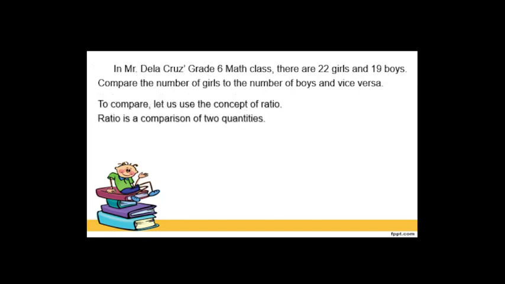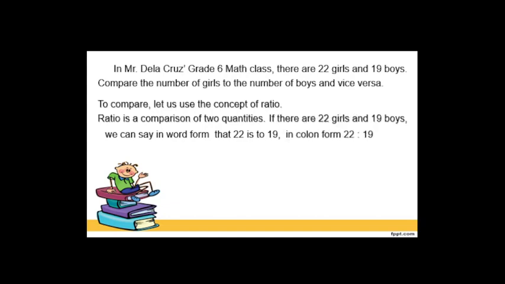A ratio is a comparison of two quantities. With 22 girls and 19 boys, in word form we say 22 is to 19. In column form, 22 is to 19, and in fraction form, 22 over 19.